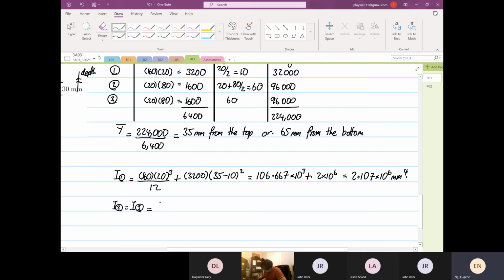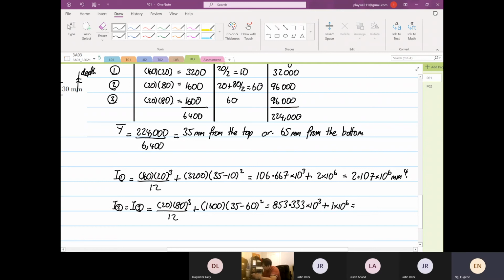All right, so this is 20 times 80 cubed over 12 plus 1600 times (35 minus 60) squared. Okay. 20 times 80 to the power 3 divided by 12 is 853 times 10 to the power 3, plus (35 minus 60) squared times 1600, which is equal to 1 times 10 to the power 6.